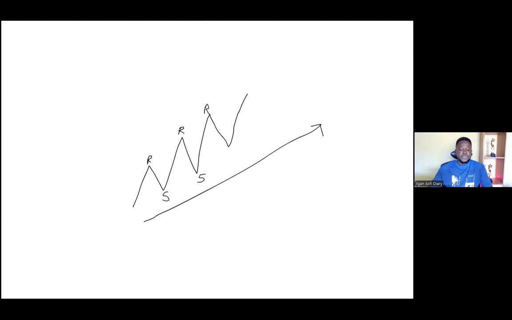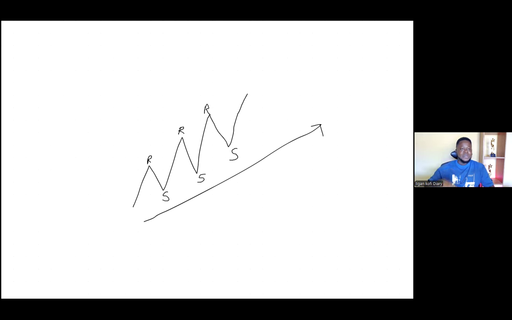If you are looking at support and resistance, look at it as the floor of your room and the ceiling of your room. The floor of your room is the support. The ceiling is the resistance. If you bounce a ball on the floor, it will go up and hit the ceiling and then drop back again.